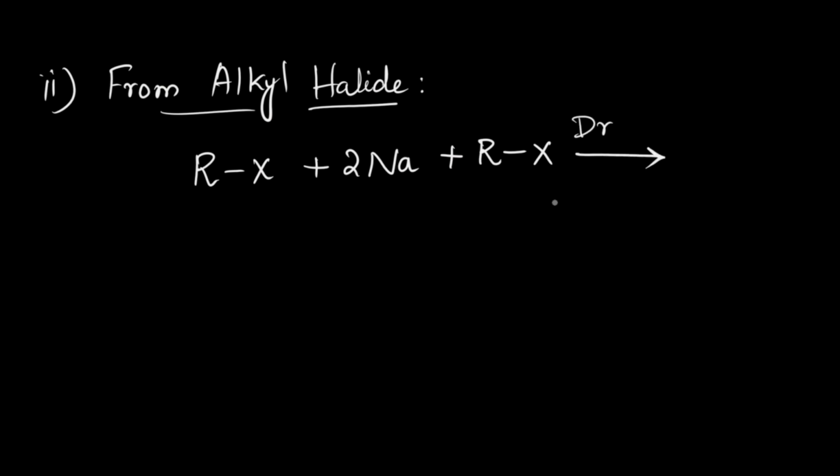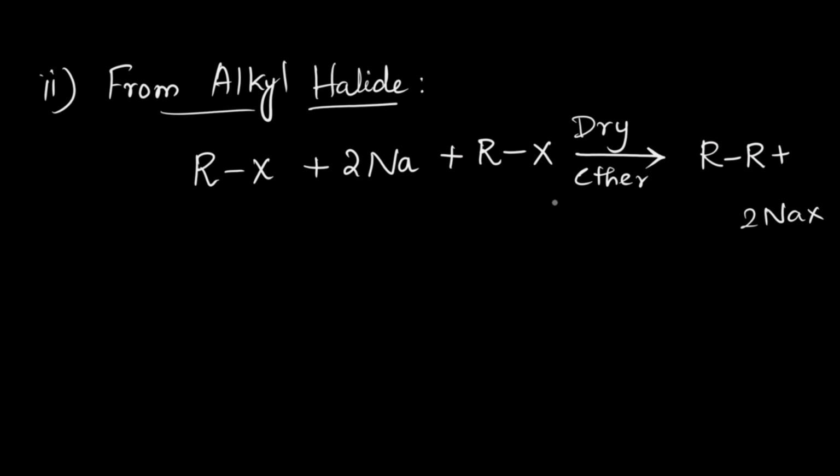In the presence of dry ether. What can happen? You know that very well. R-R will be formed along with 2NaX. You can take any halogen to do this reaction, and you'll be getting a higher order alkane. So what you can conclude is that preparing methane is not possible using this method.